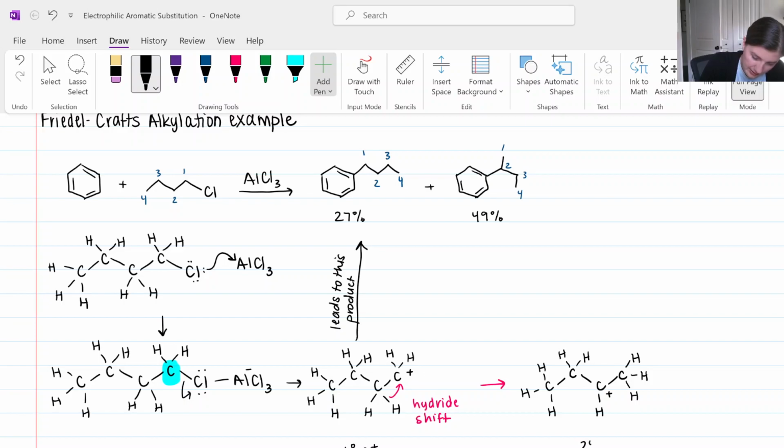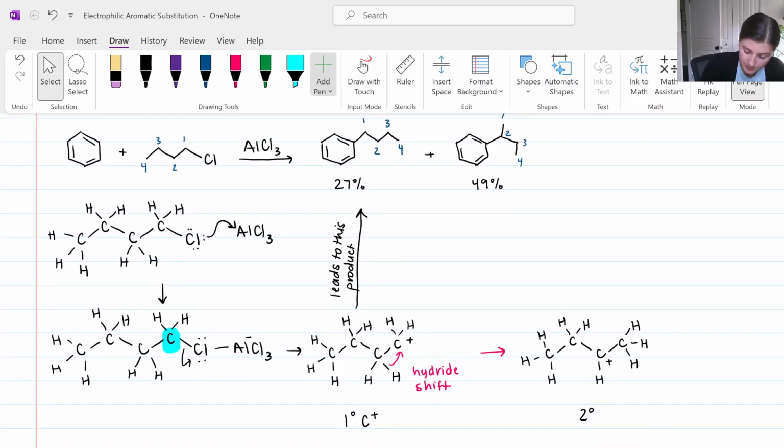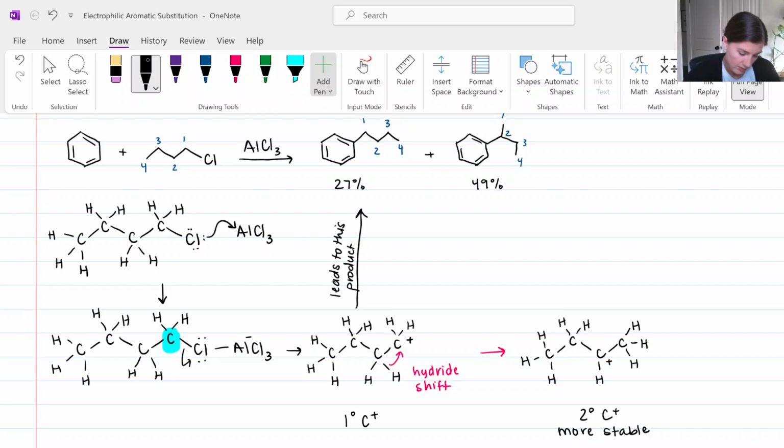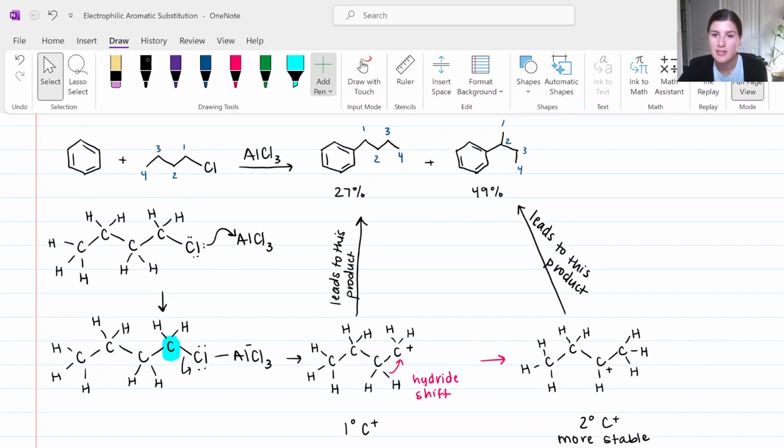And so now we have a secondary carbocation, which is more stable. This carbocation would lead to this product, and because it's a more stable carbocation, that's why we see a higher percent yield for the product where the alkyl group is bonded at the second carbon.